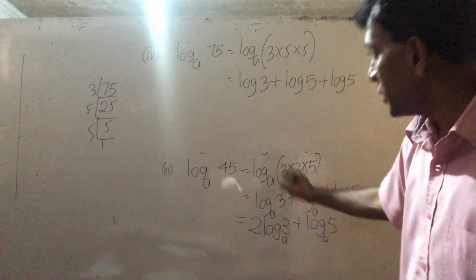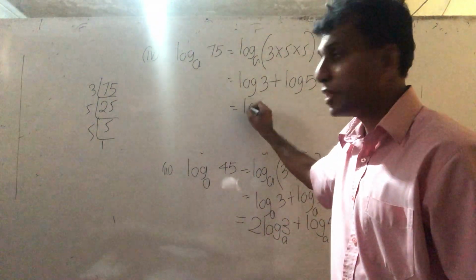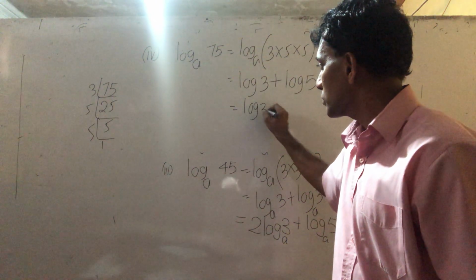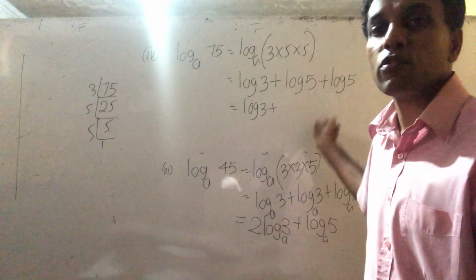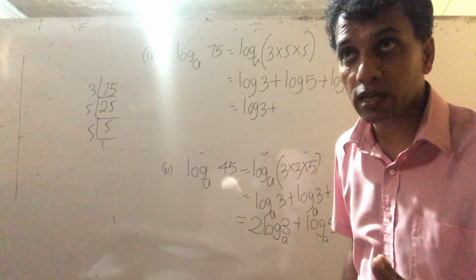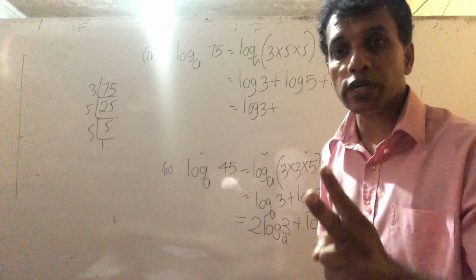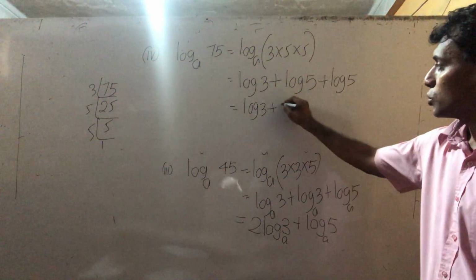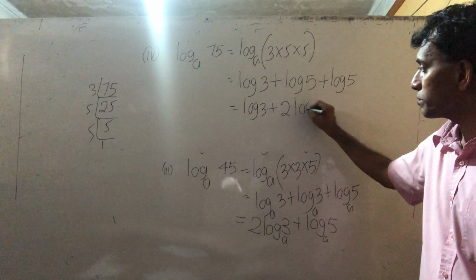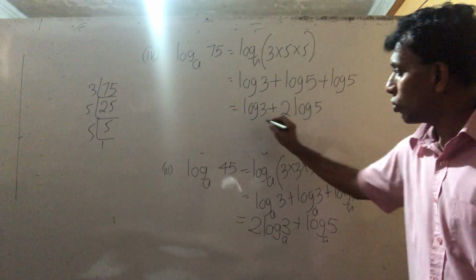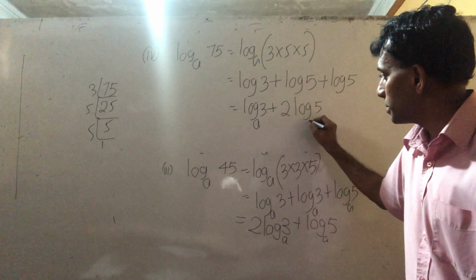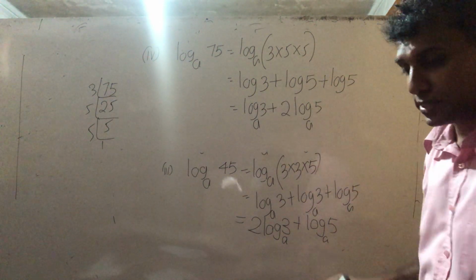So now we have logarithm 3, log 5, log 5. Don't say log 10, that is a different notation. It is 2 times log 5. Don't miss that the base is a.